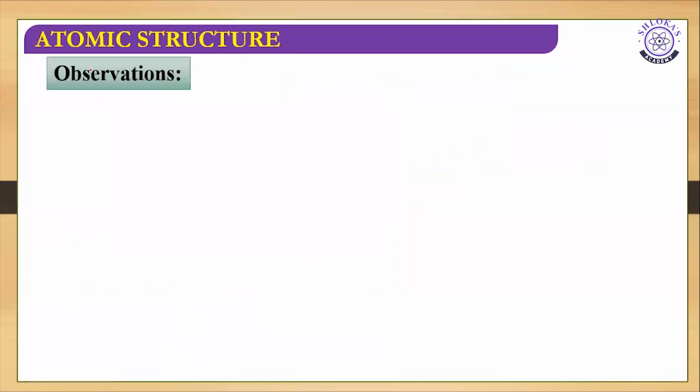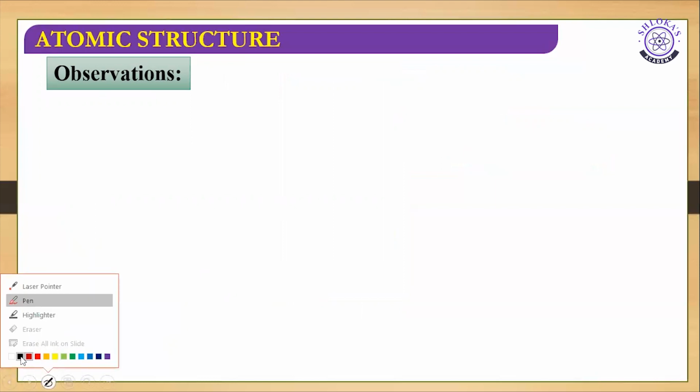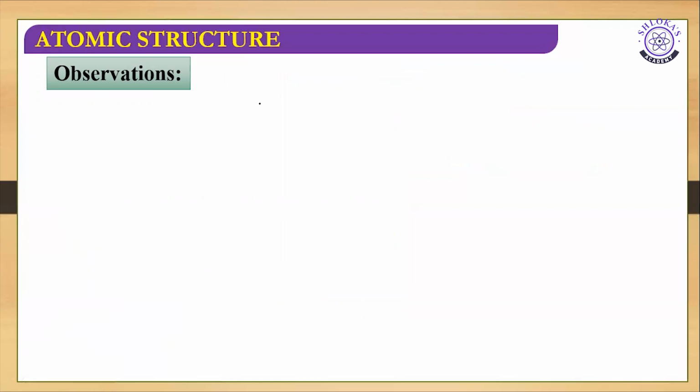And what are the observations that were made during the photoelectric phenomenon? First, let me explain. Then later on, you can make the notes. So here I am taking a metal surface. Any metal you take, it may be potassium or cesium or rubidium, any metal.